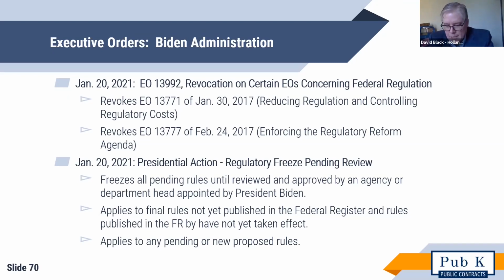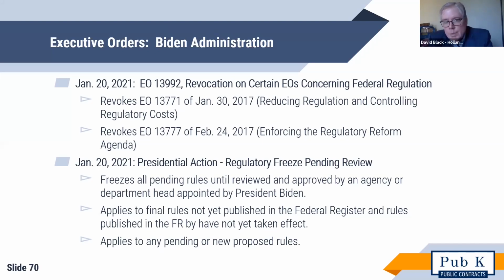There's a revocation of EO 13771 that was known as the 2-for-1 executive order. For every regulation issued by a federal agency, the agency had to identify 2 regulations and rescind those. So it was 1 for 2, I guess, is the way to put it.